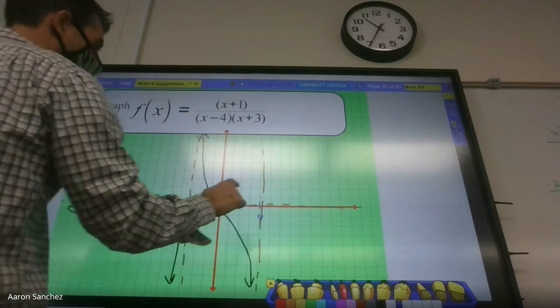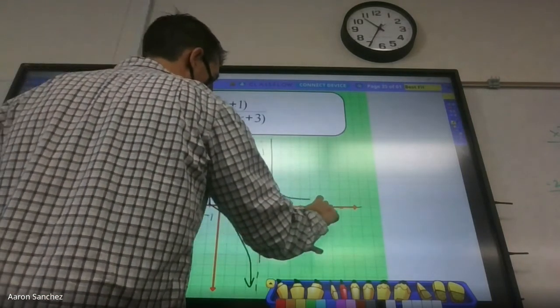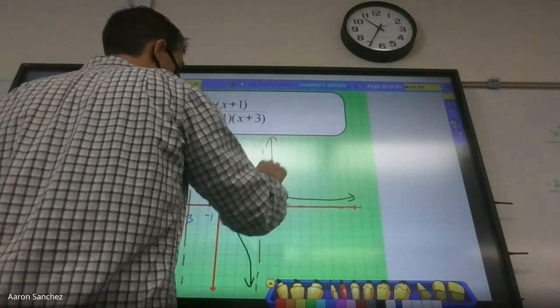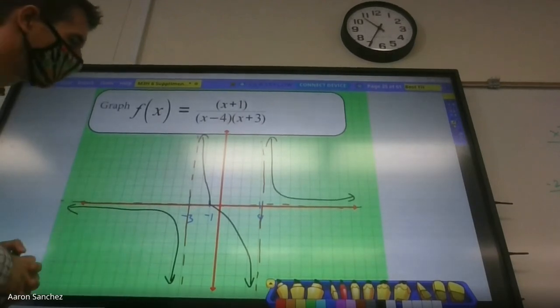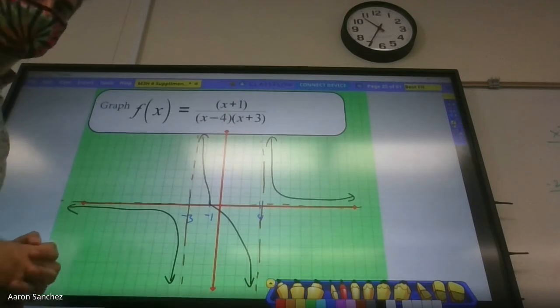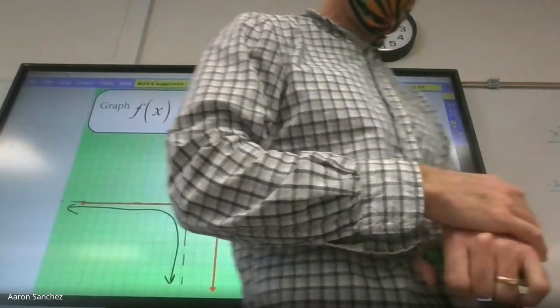And then we have a positive here. And there you go. That's what it should look like. Yes, Omari. How do we find the horizontal asymptote? Ask Clure, see what he says. That was number 2.